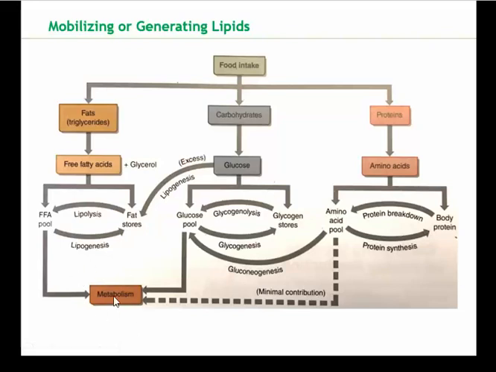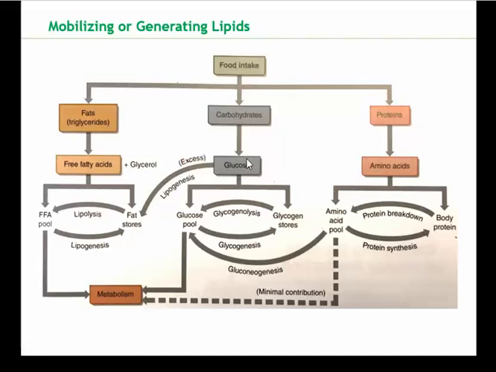We can use amino acids as energy. Also, amino acids can go through a process called gluconeogenesis, which we learn on the next slide, which is turning a non-carb substance into glucose. Gluconeo means a new source, so amino acids can turn into glucose. All right, let's look at carbs.